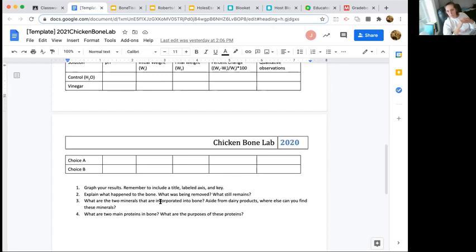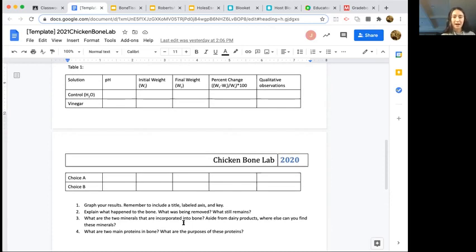What chemicals? So if you are somebody that does not have chicken goop on your hands, you should be looking those 2 things up. What are the minerals that are in bone tissue, and what are the organic parts of bone tissue, or the names of the protein parts.